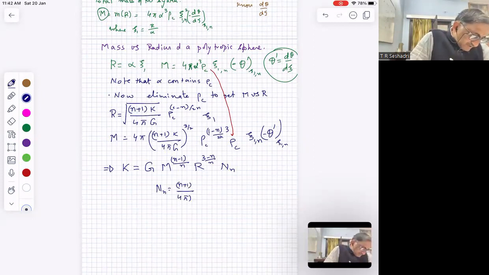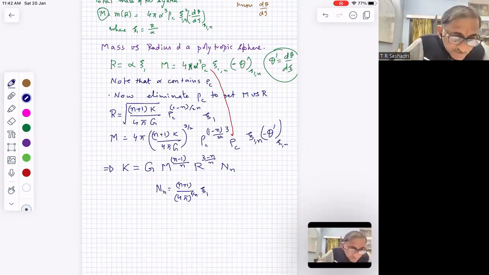You just have to calculate this and then get it. It's not worth doing it here, because unless you do it yourself, you will not be able to appreciate it.